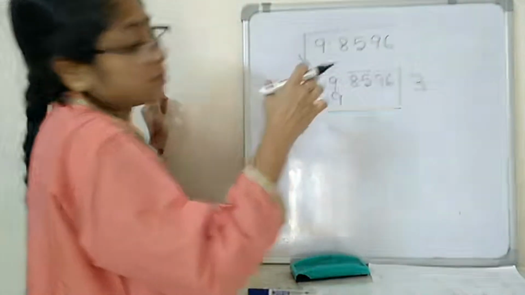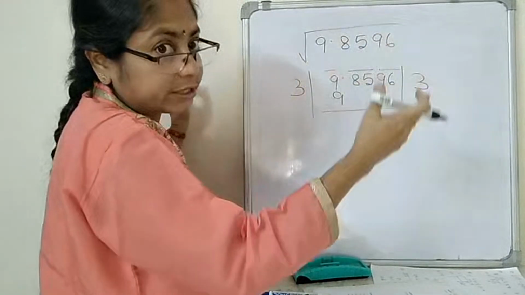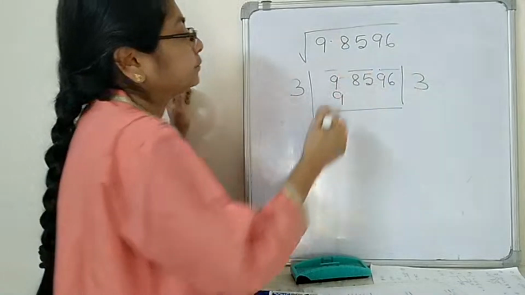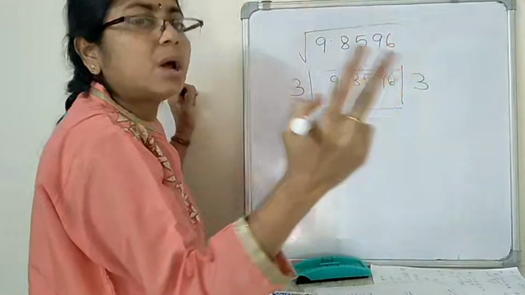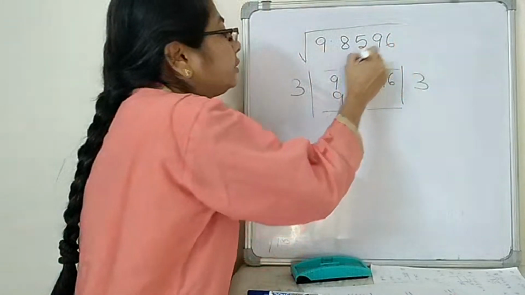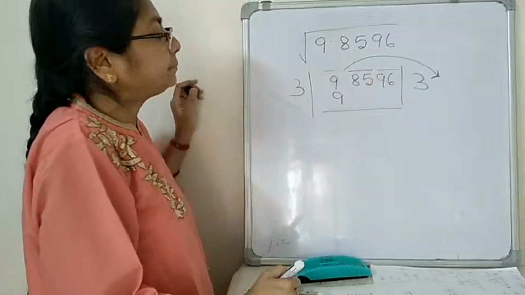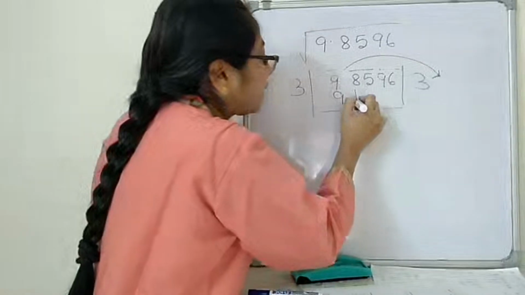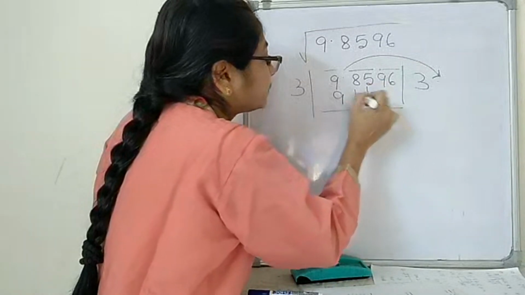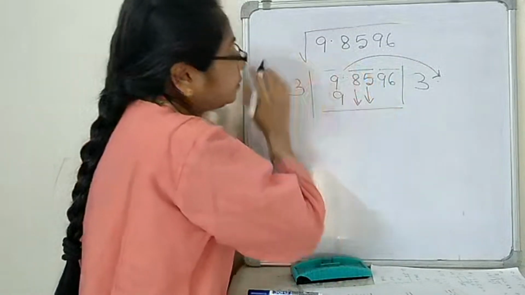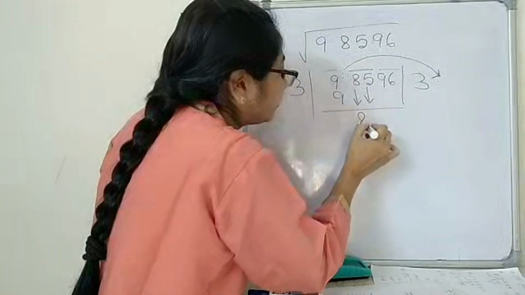Look, after the decimal there are 4 digits. Please focus on the math. Then what is the second step? Put the decimal here. Okay? Now third step. There is no remainder, so cancel. 85 we write.